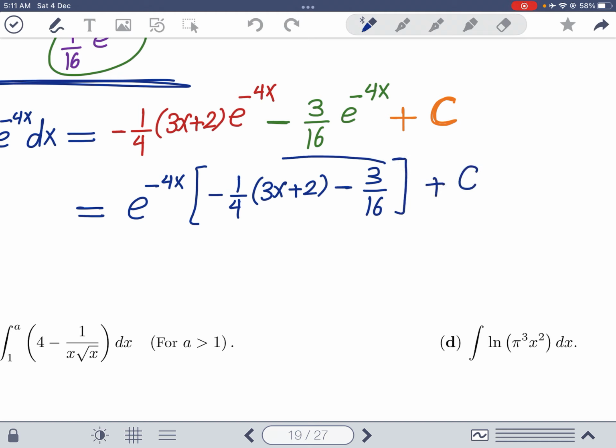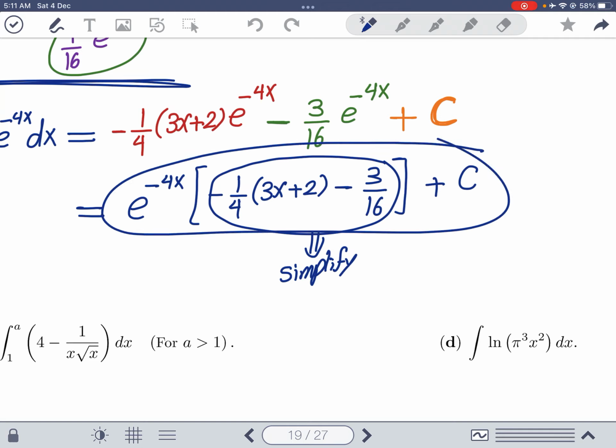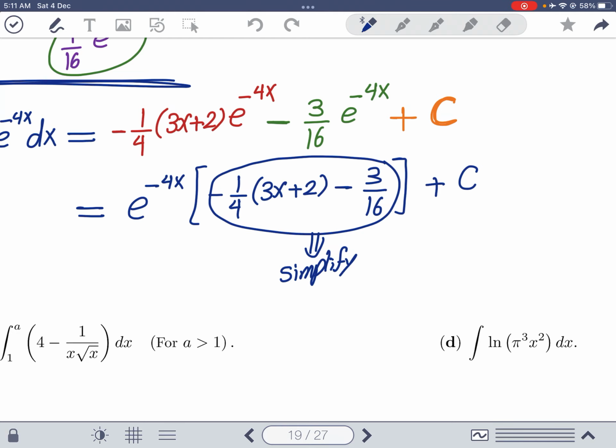Now what you can do is simplify it more. It could be that, as I told you, once you know the rule of integration, you can answer the question. But at the end, when you get the final answer, it's very important that you know how to simplify it to make it look more attractive.